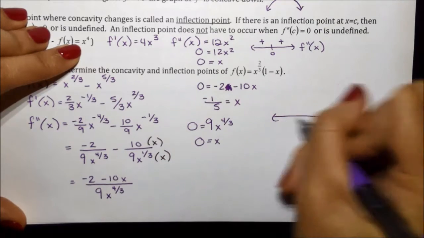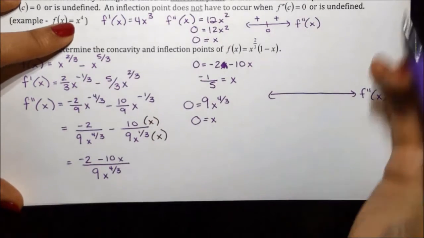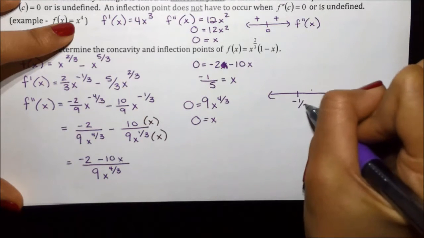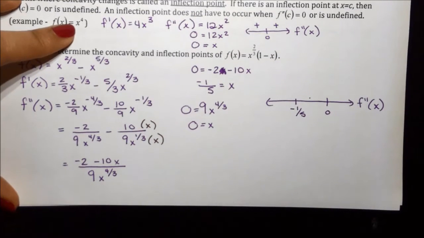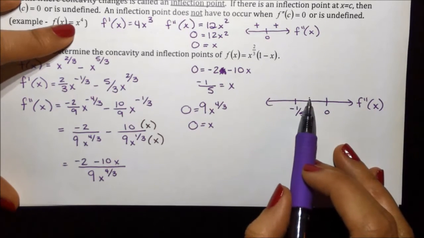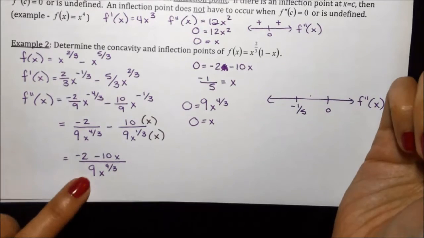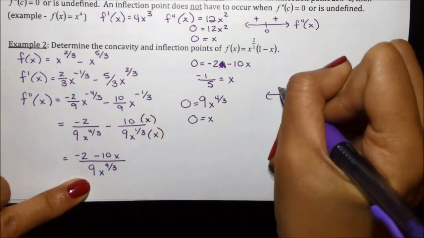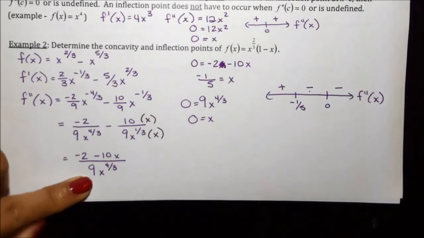All right, so all my values on this number line are going to come from my second derivative. Here's -1/5. Here's 0. And then we plug in values to the left, in between, and to the right of it, I'm going to get a positive, a negative, and then a negative.